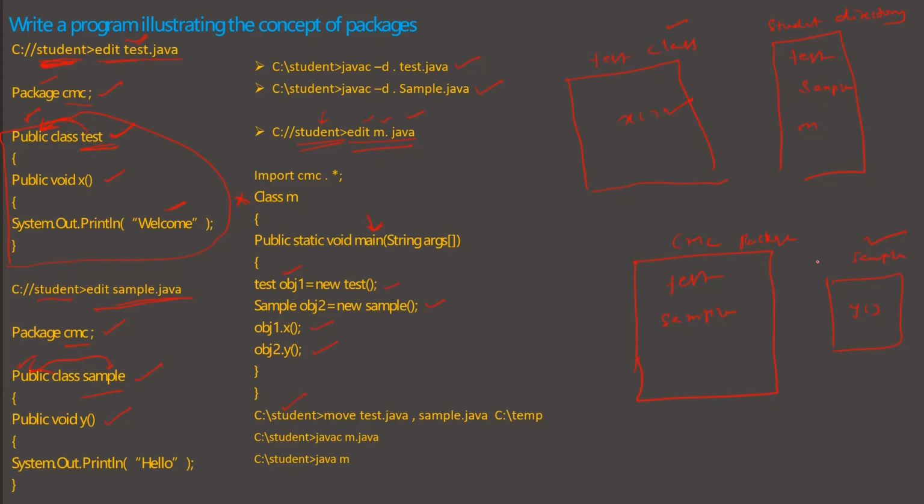So this is my directory. In this student directory, you can see I have Test, Sample and M. What I'm doing now is moving Test and Sample to the temporary directory. It is going to become like this. In temporary, I'm going to move the Test as well as Sample classes.